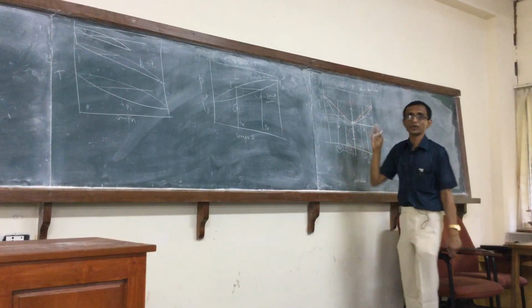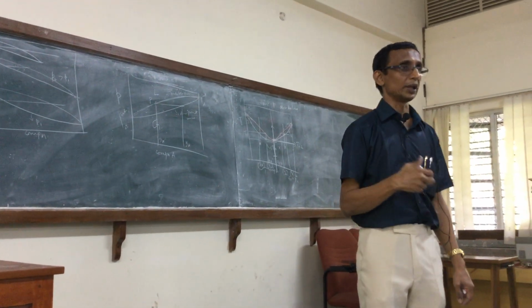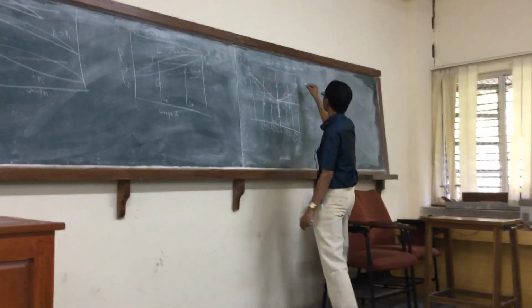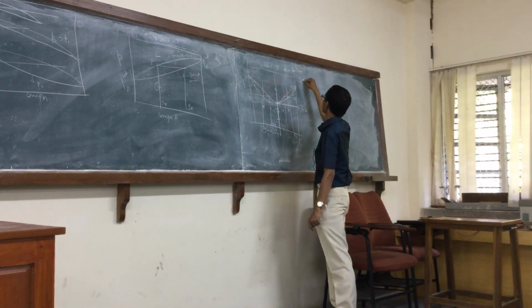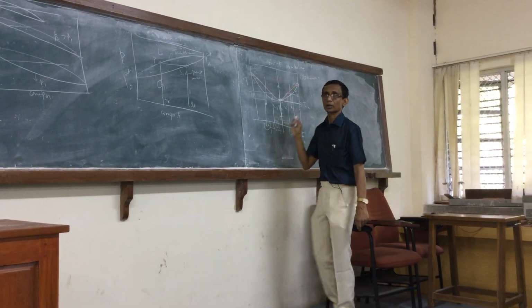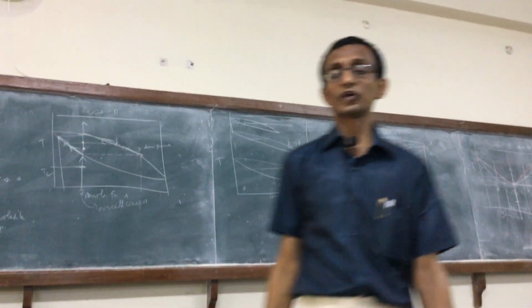Minimum boiling means at a fixed pressure the temperature versus composition curve will undergo a minimum. And maximum as well. The very famous example is ethanol-water. At around 90 mole % ethanol, we have a minimum boiling at 1 atmospheric pressure.